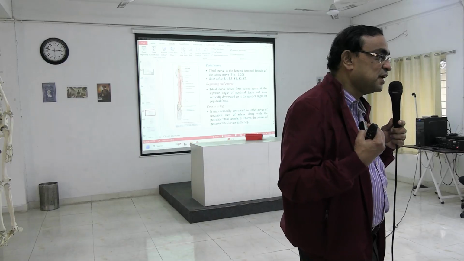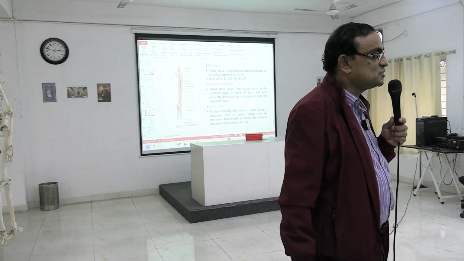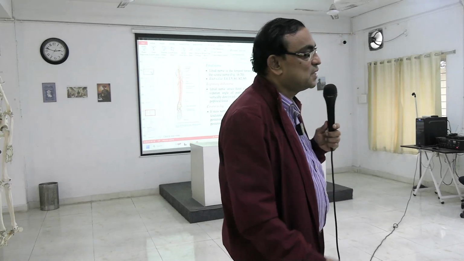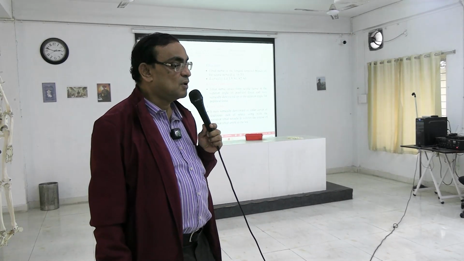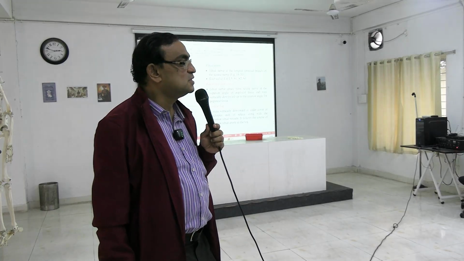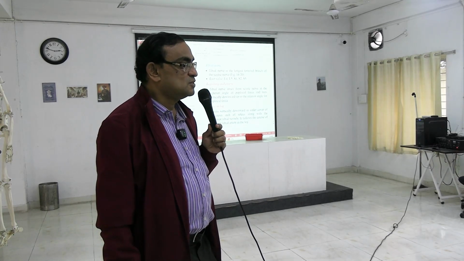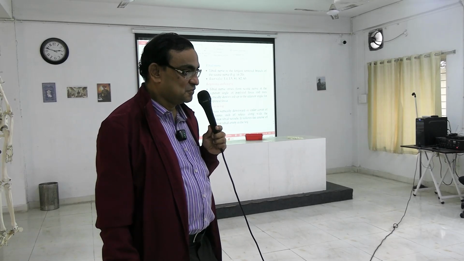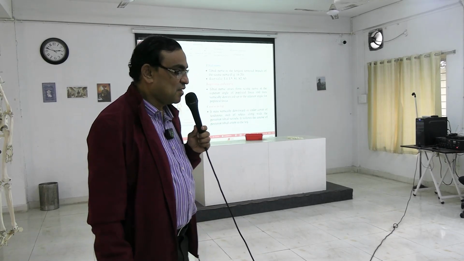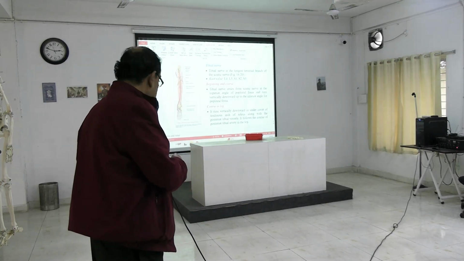On the superficial plane we are getting gastrocnemius and soleus, so it will supply those. It will supply flexor digitorum longus, flexor hallucis longus, tibialis posterior, and it has a cutaneous branch also, that is the sural nerve. And it will supply the joint also. So there are several branches.